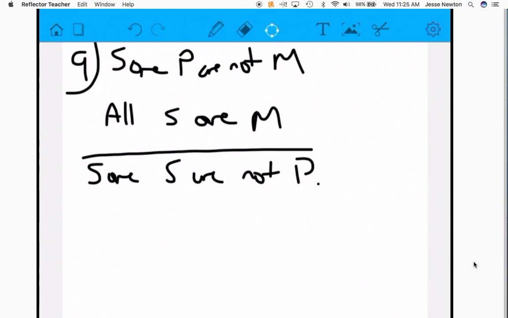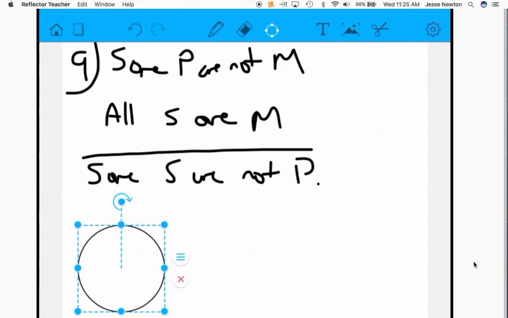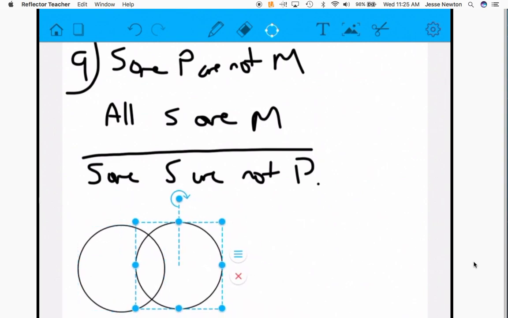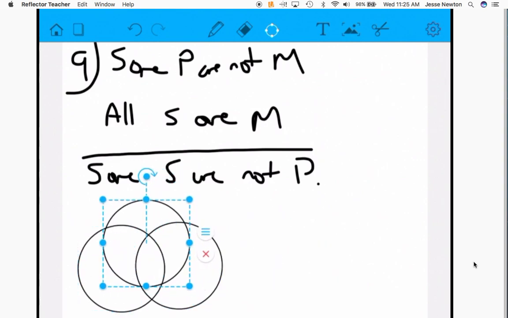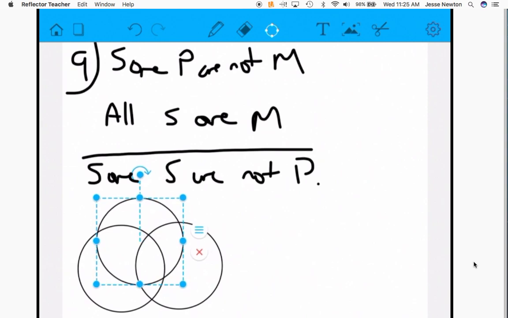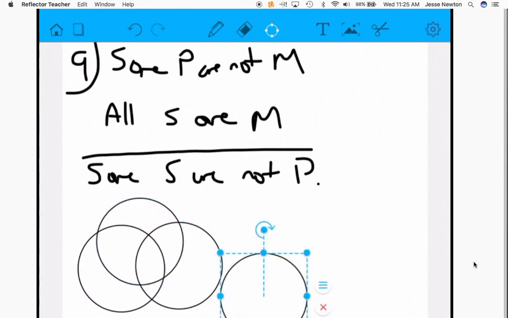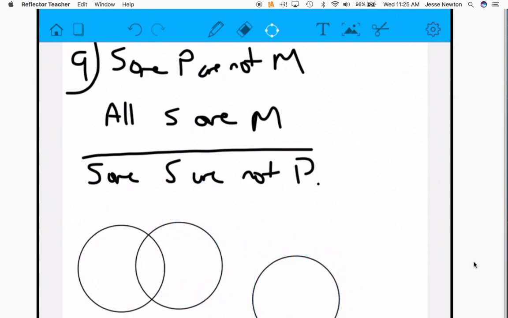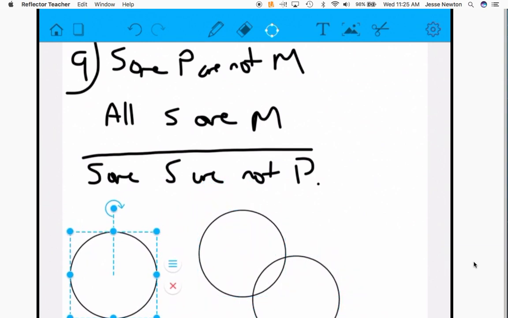And then what we're going to do is, just as before, draw our trusty Venn diagrams. I want to move this a little bit here.